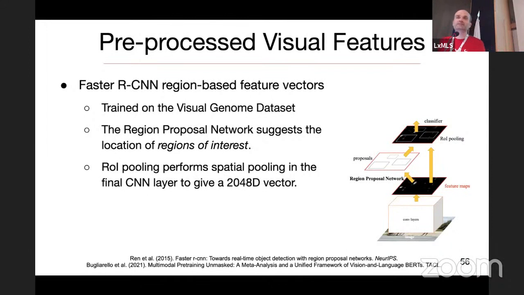This was a very successful approach that was first used in this direction by Anderson and colleagues to substantially improve captioning in VQA systems. If you're reading a paper that does this, you'll see something like this: "Our models are trained with 36 regions of interest extracted by a Faster R-CNN with a ResNet-101 backbone."